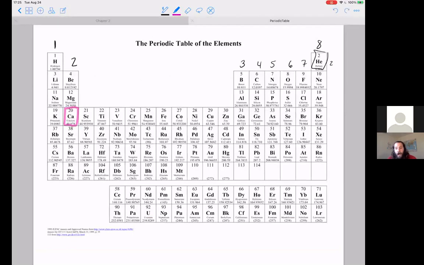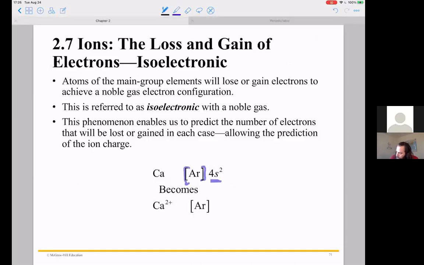So in terms of how many electrons it has to lose, it has 2 valence electrons. It would have to get rid of both of them, right? The atomic number for calcium is 20. So neutral calcium has 20 protons and 20 electrons.